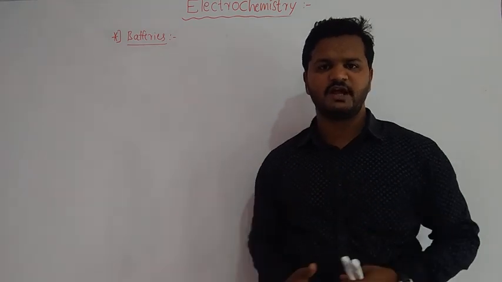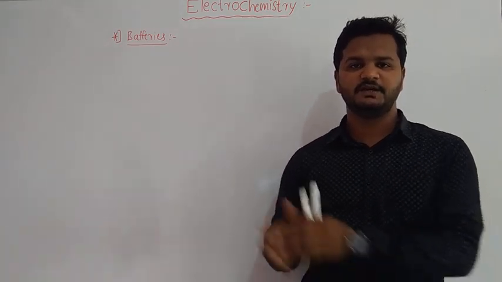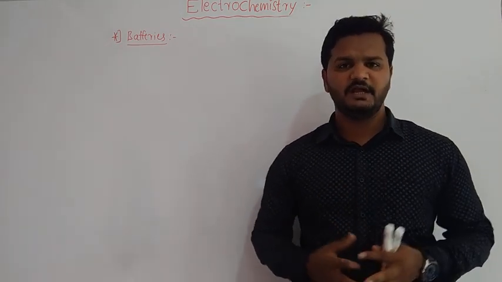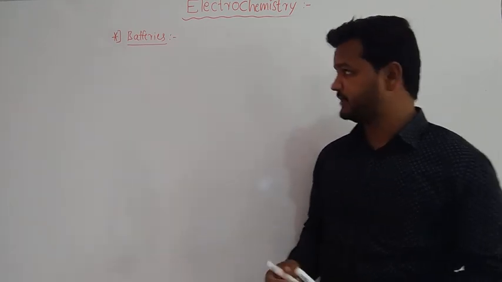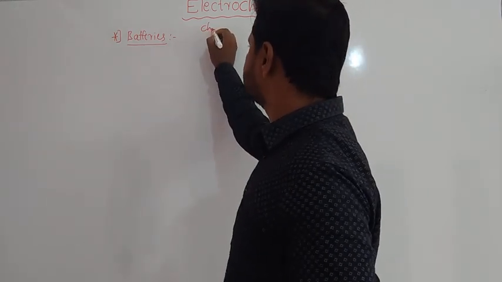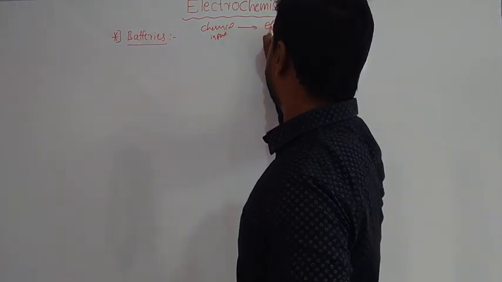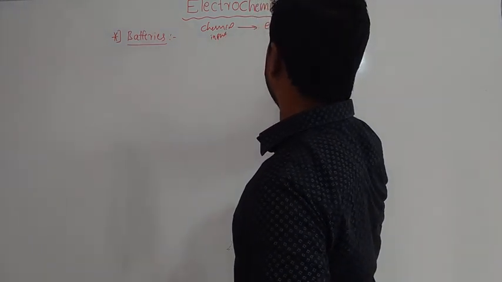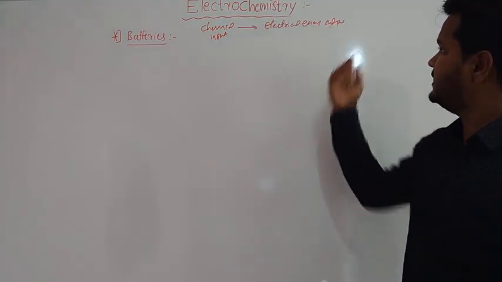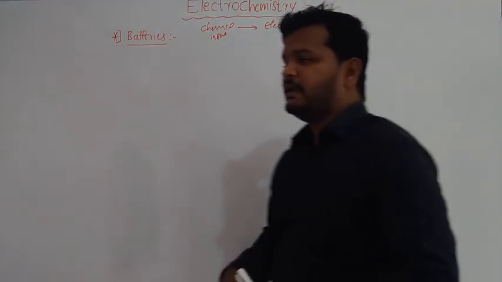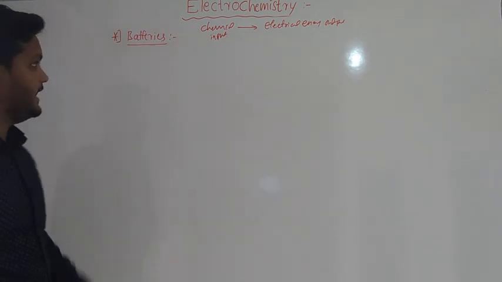Chemical energy of a redox reaction is converted into electrical energy. This means there is chemical energy input, and it gives electrical energy output.